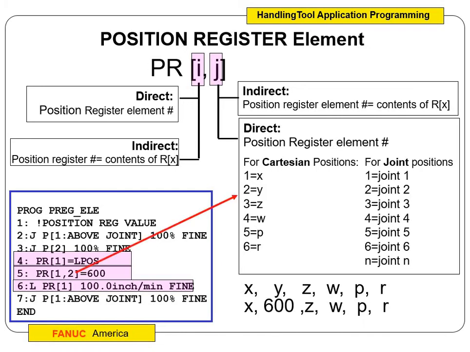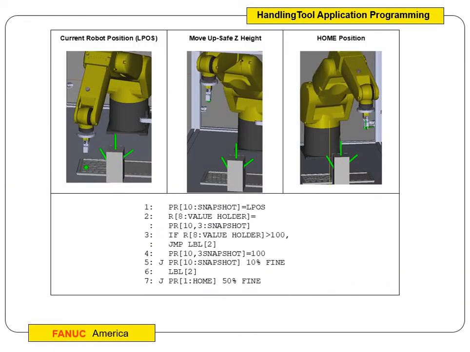So we can see exactly where those values come from when we control it in the program. If we want to take a look, we have our current robot position. We want to move up, or we want to move to the home position. That's really what the robot's doing right here as we look through the script on this program.